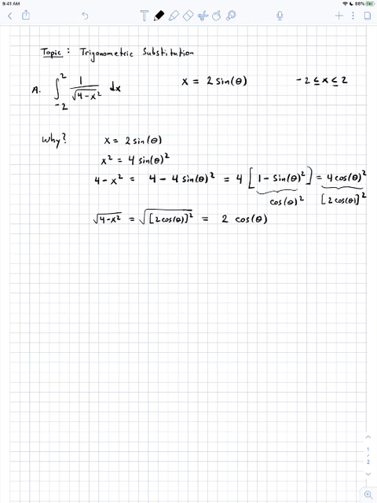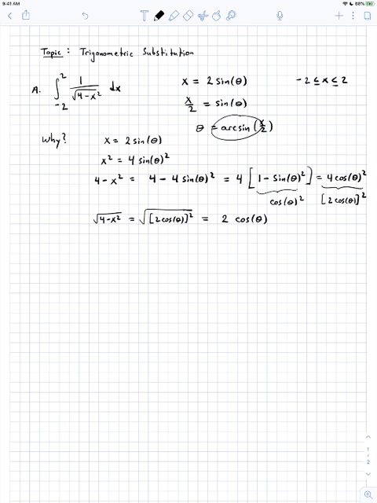If you want to attain all of the values of x between -2 and 2, you need to figure out which values of theta will make that happen. And for that, you might want to think about this in another way. x over 2 is sine of theta, which means that theta is arcsine of x over 2.